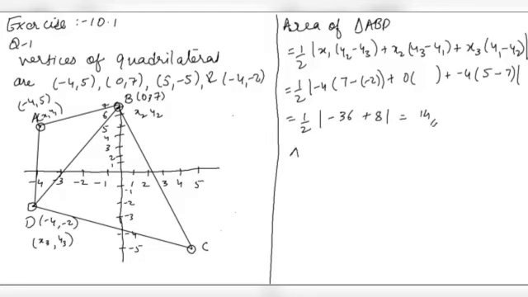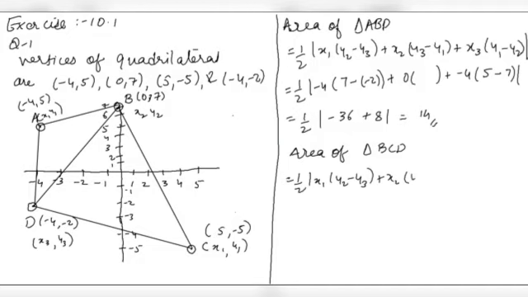Right. Now, area of triangle BCD. Here I will take the coordinate of C as x1, y1, whereas B and D we already have as x2, y2 and x3, y3. So half x1 (y2 minus y3) plus x2 (y3 minus y1) plus x3 (y1 minus y2).